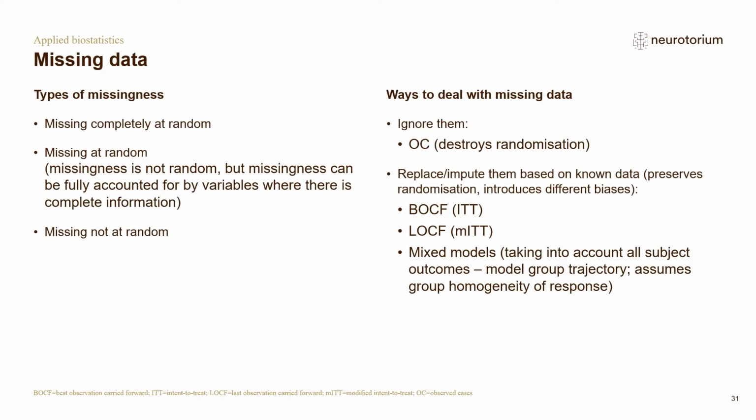Obviously, that assumes that there's somewhat a linear outcome and that you have more data that are not missing than data that are missing. Now, the simplest way is to just ignore missing data and only look at observed cases.